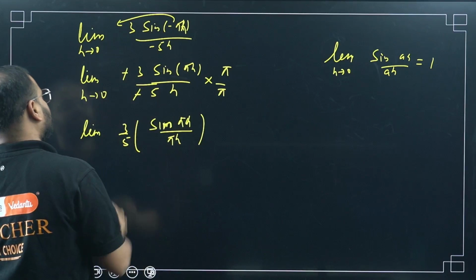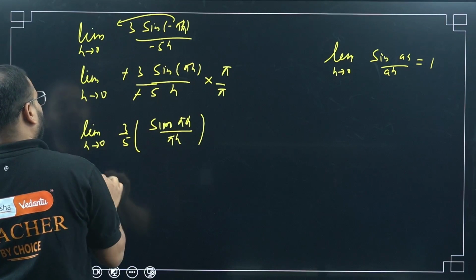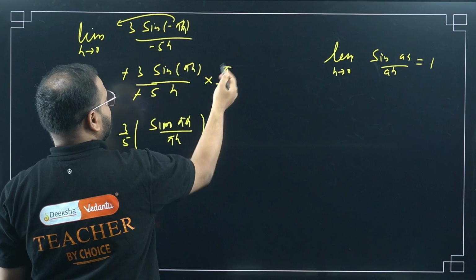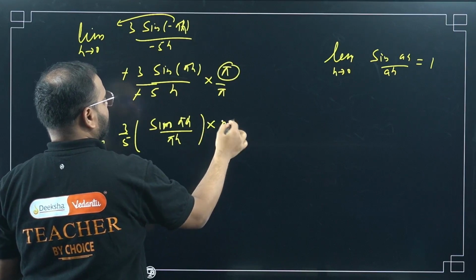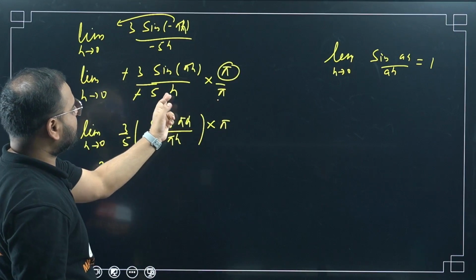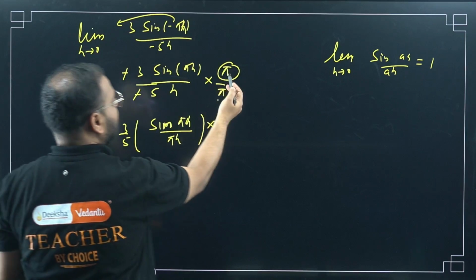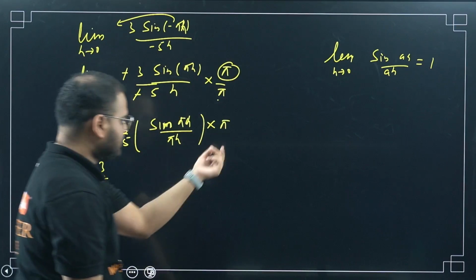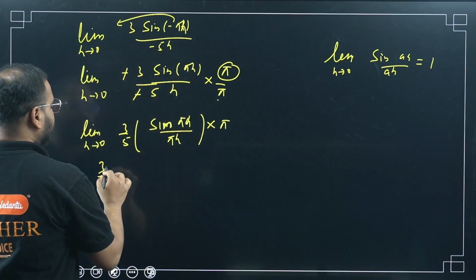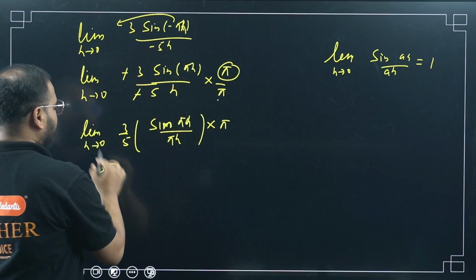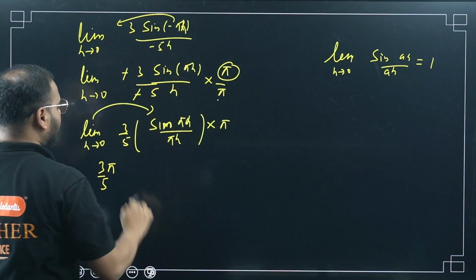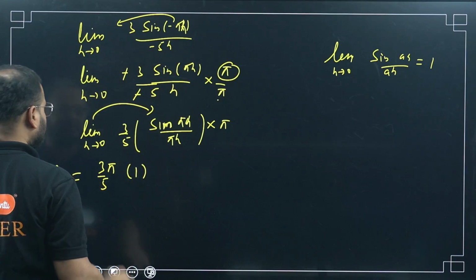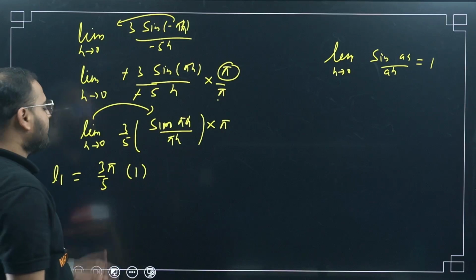The pi in the denominator comes here with h, becomes pi h, but I multiplied pi on both sides, up and down, so I wrote pi as it is in the numerator. Now what is left? 3 pi by 5, and if you apply the limit to the sine pi h upon pi h, it will become 1. So what is my L1? My L1 is coming as 3 pi by 5.